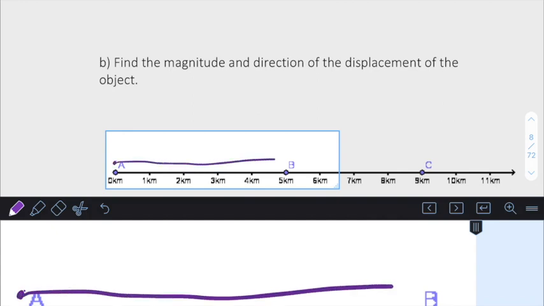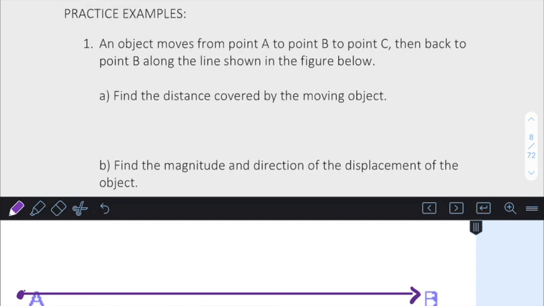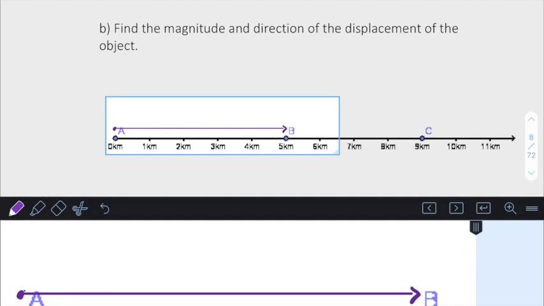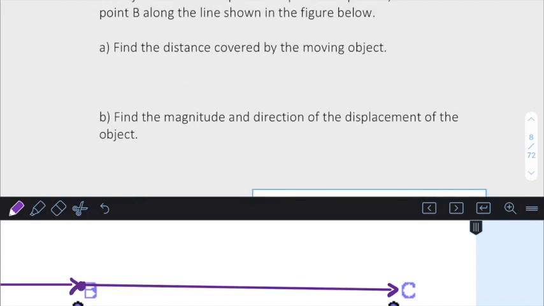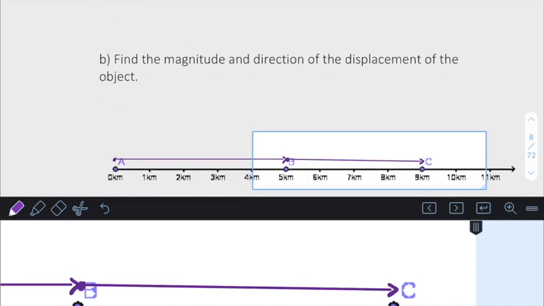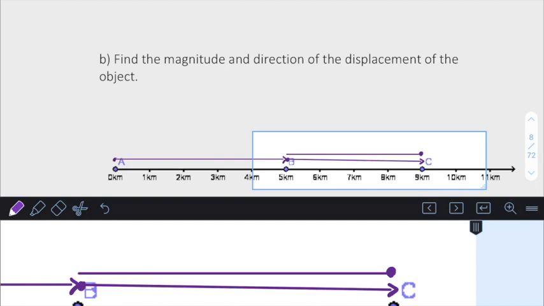And then from point B to point C, so I'm going to move an arrow over here. And then back to point B along the line shown below. In this case, we're just going to raise up our arrow so that we can show them stacked on top of each other.